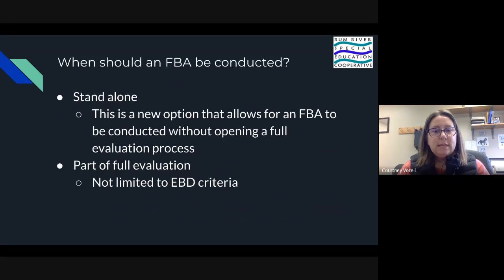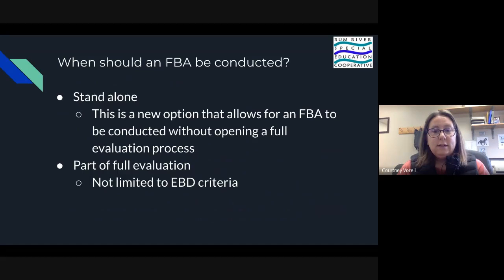So always be thinking, does that need to be included? And you don't have to be afraid if you've never done one before or have done very few and you're not confident. We are seeing more and more students in the DCD population, in the ASD population, other types of disabilities that maybe the case managers or those working with those populations haven't done a lot of FBAs, and that's okay.